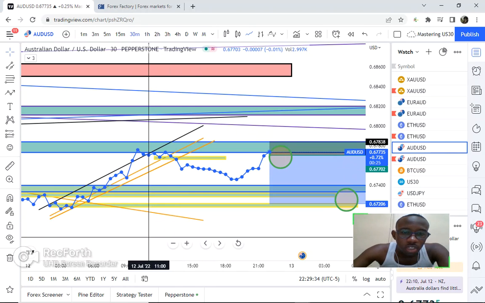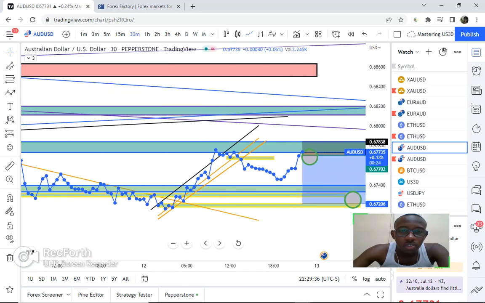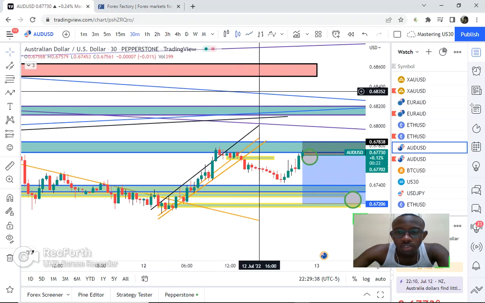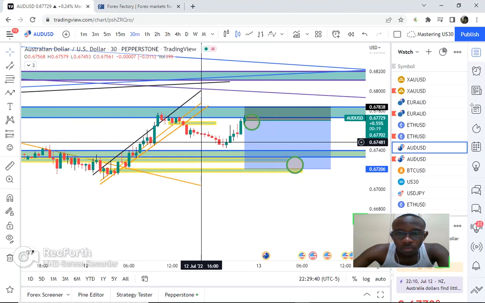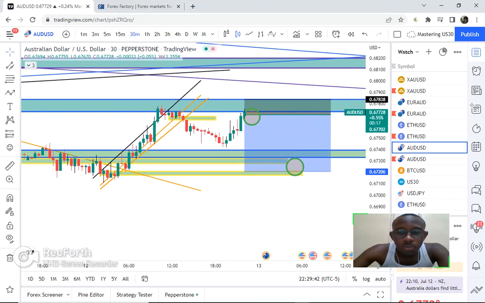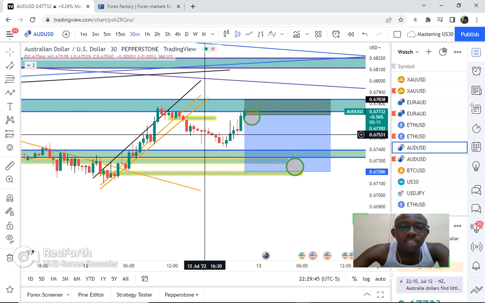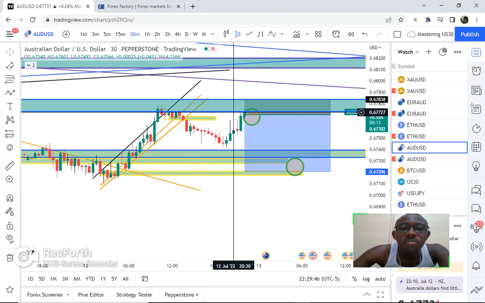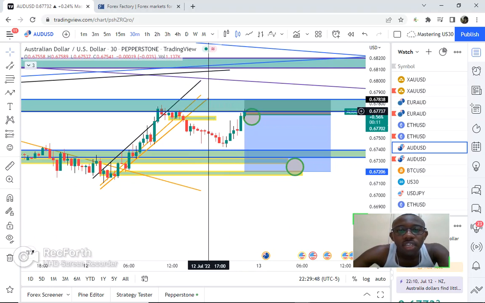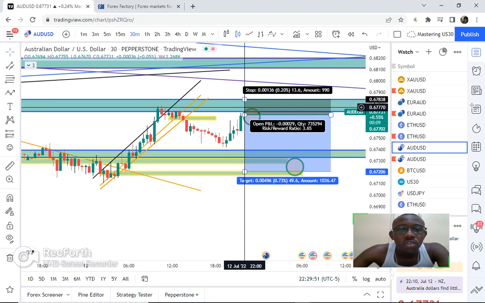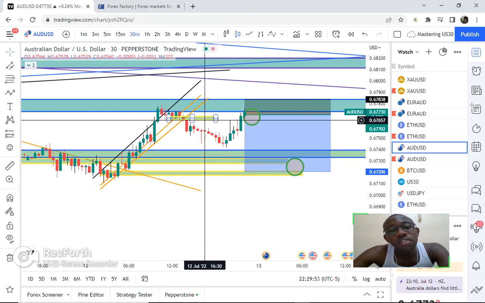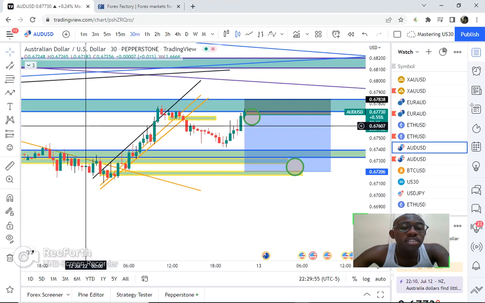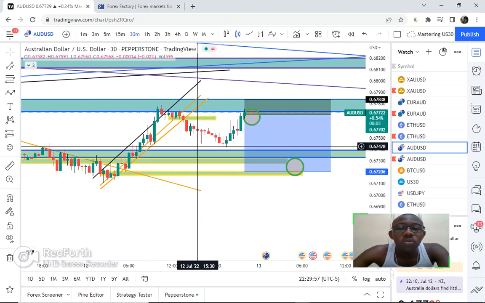And on the 30-minute time frame, we get a clear picture. This is it. This would have been our first trade. This would have been a sell limit entry pending order, and it would have been triggered. So it is our first trade for this trading day, our session.